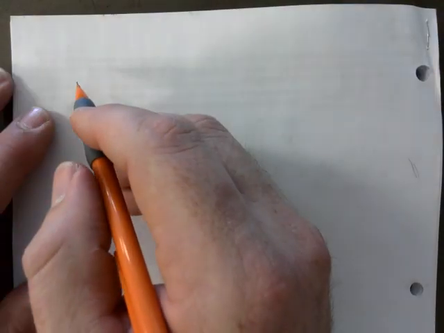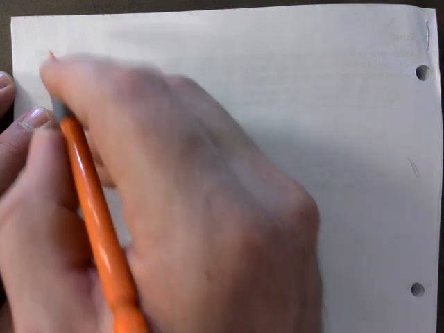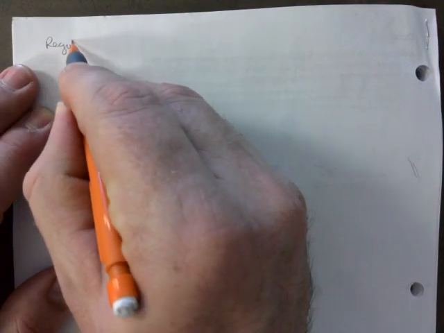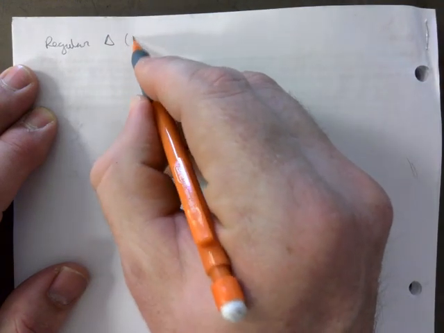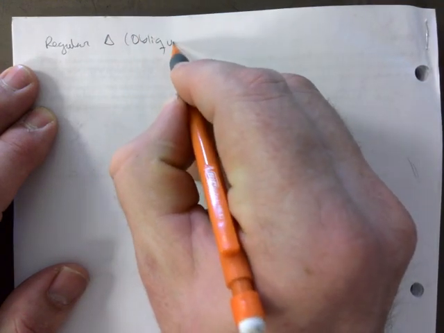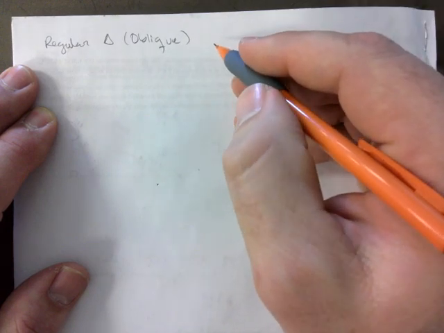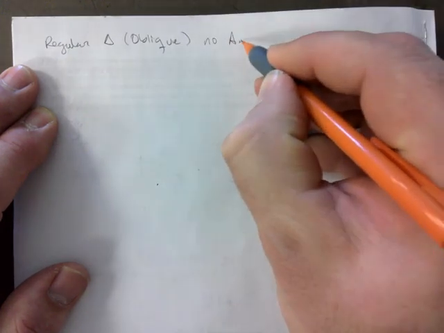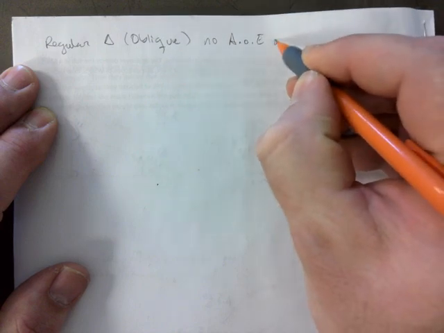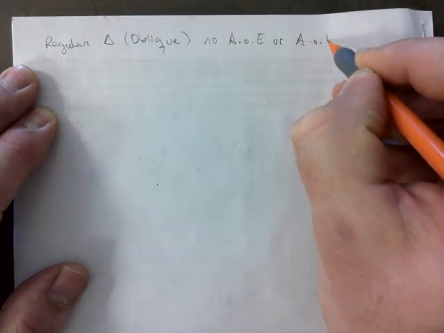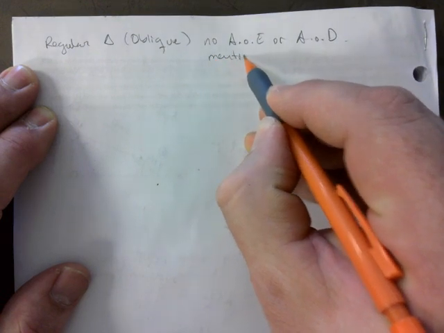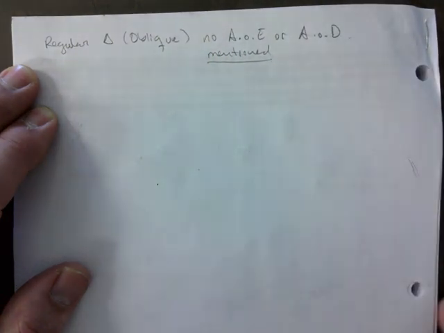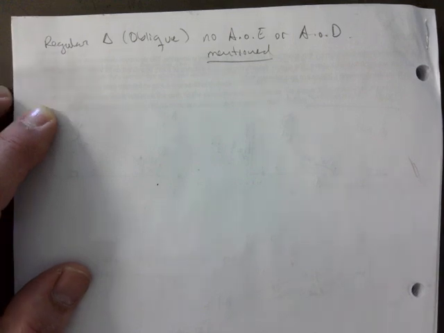One more thing here. I call this regular triangle, oblique. No angle of elevation or angle of depression mentioned. What that means is that there's not going to be a right triangle at all.